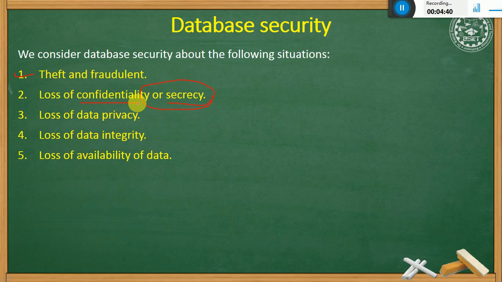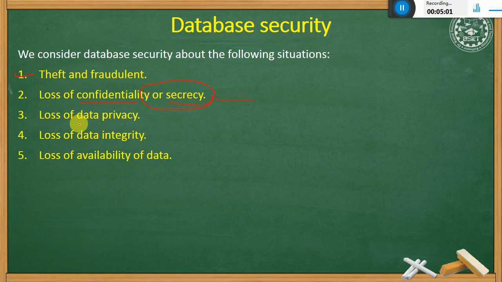If the username and password of a bank account can be accessed or occupied by another user, then there will be a big loss for that account or that user. So security is important to protect data from unauthorized users.